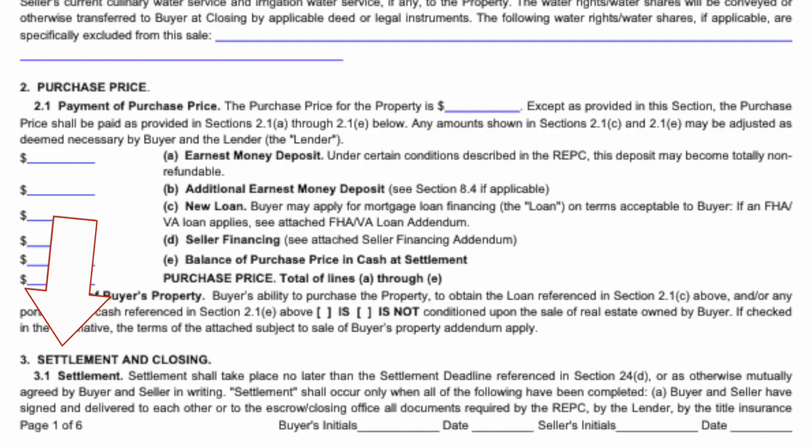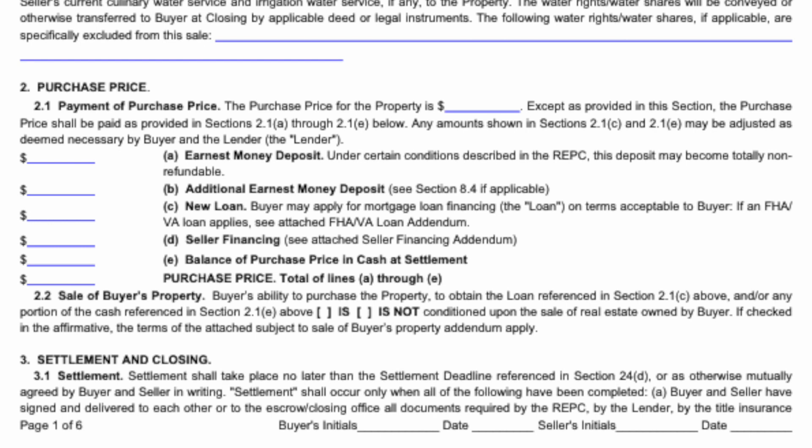Okay, settlement and closing section. Section 3, 3.1. Andrew, you want to read that? Yeah. Settlement and closing. Settlement shall take place no later than the settlement deadline referenced in section 24D, or as otherwise mutually agreed by buyer and seller in writing.